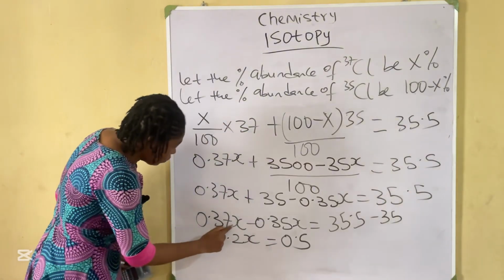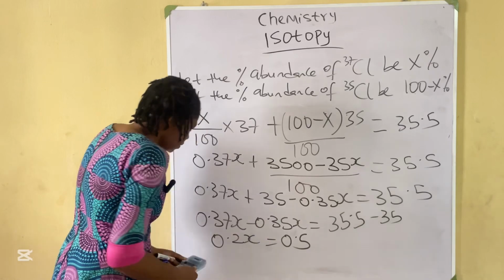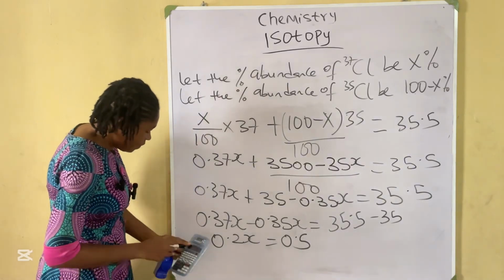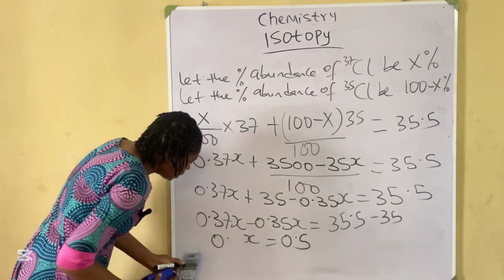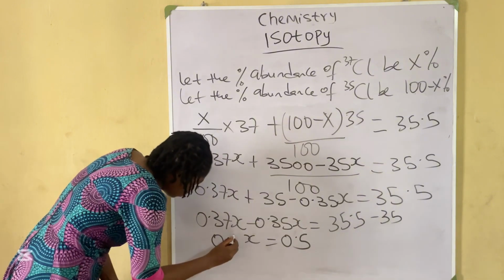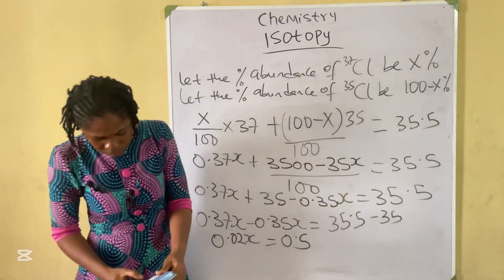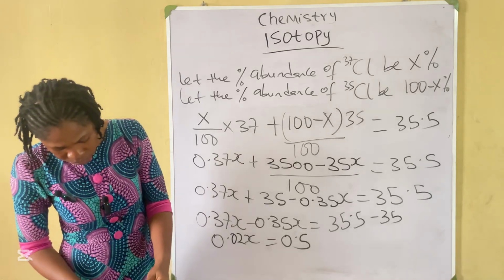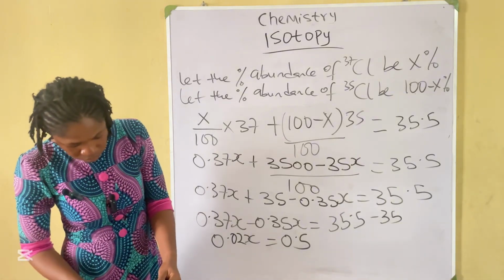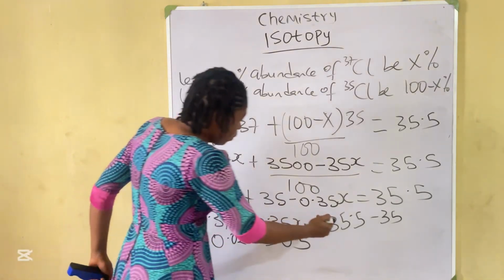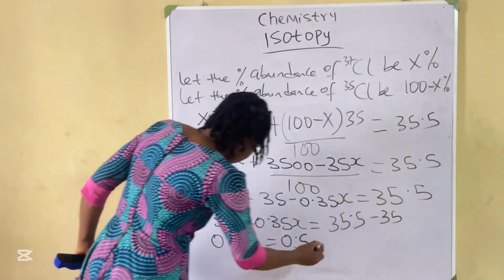So 0.37x minus 0.35x, I'll be having what? 0.02, not 0.2. 0.02x. So 35.5 minus 35 give you 0.5.